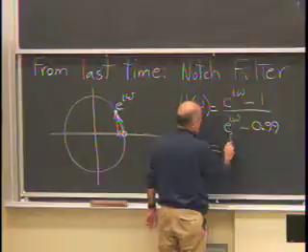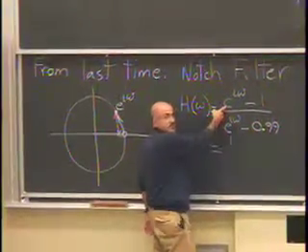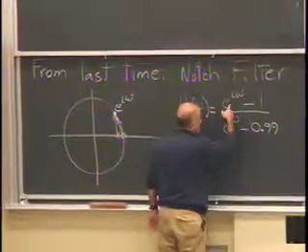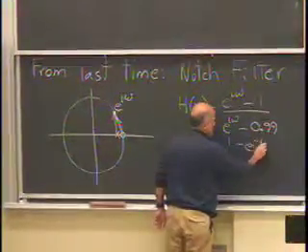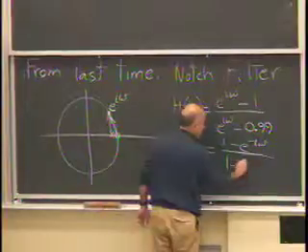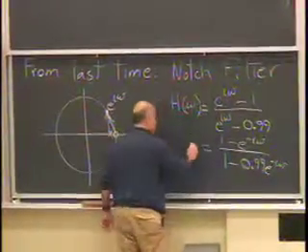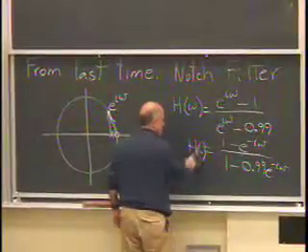In this case that would be e to the minus i omega. If I multiply top and bottom by e to the minus i omega, I get 1 minus e to the minus i omega over 1 minus 0.99 e to the minus i omega is equal to H of omega.